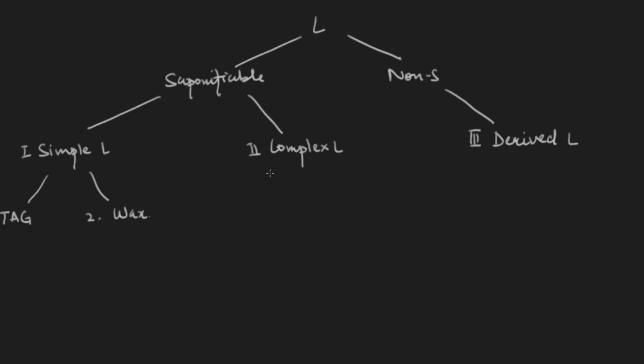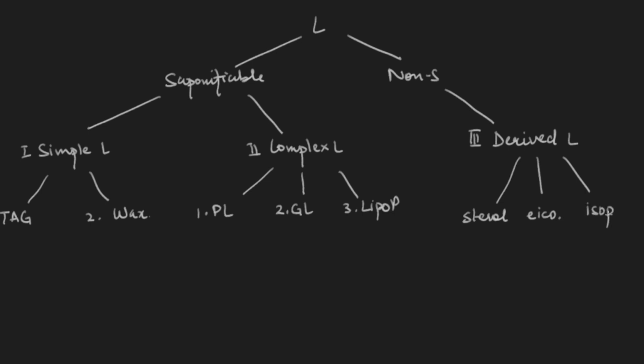Under complex lipids, we have three different types. First is phospholipid, then glycolipid, and third one is lipoprotein. And derived lipids will have three categories: sterols, steroids, and isoprenoids.